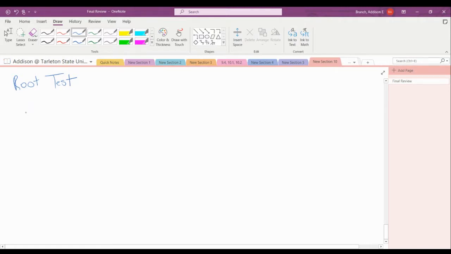Once again, 3 conditions. First one, if the limit as n approaches infinity of the nth roots of the absolute value of a sub n is less than 1, then your series is absolutely convergent.